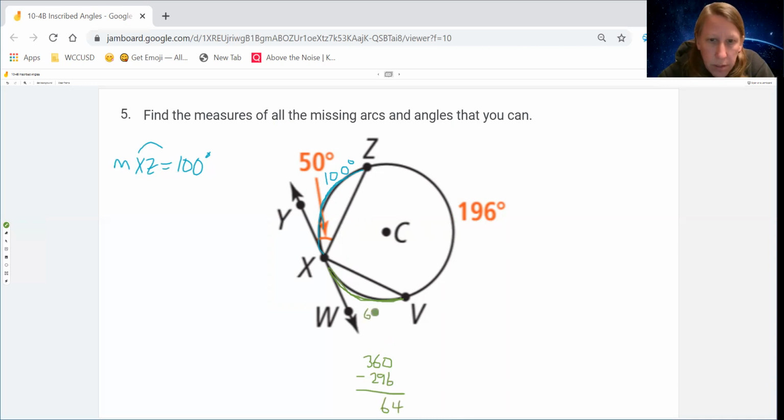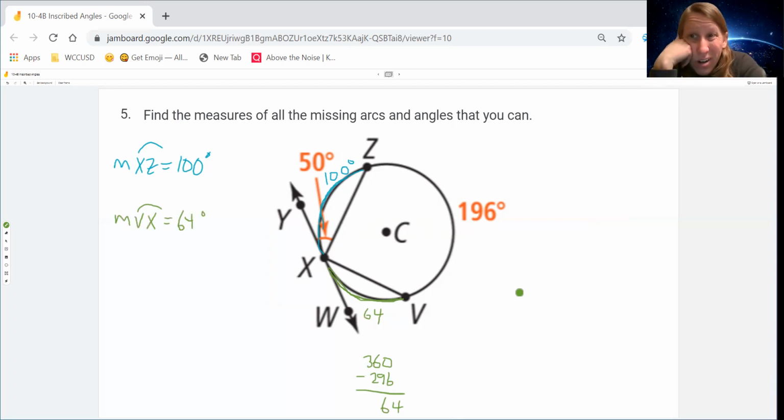Okay. I'm just going to double check: 64 plus 196 plus 100 is 360. Good. Okay. So I found out the measure of arc VX is 64 degrees.